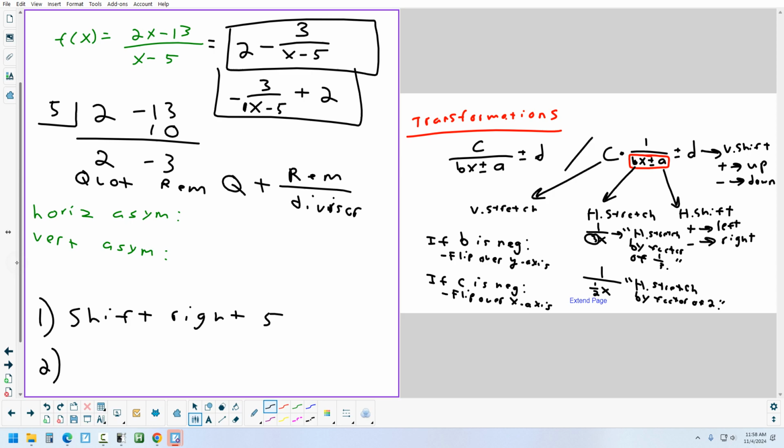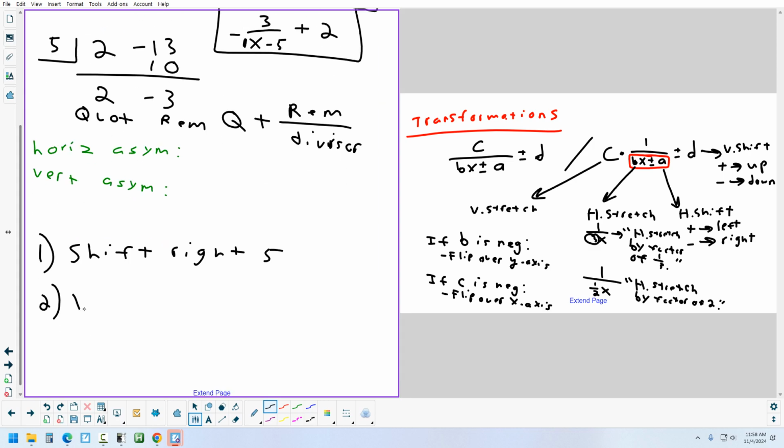So C is a vertical stretch by a factor of how much? 3. Remember, with the vertical, there's nothing backwards about it. That's why I didn't write a huge explanation there. Just vertical stretch by a factor of the number.